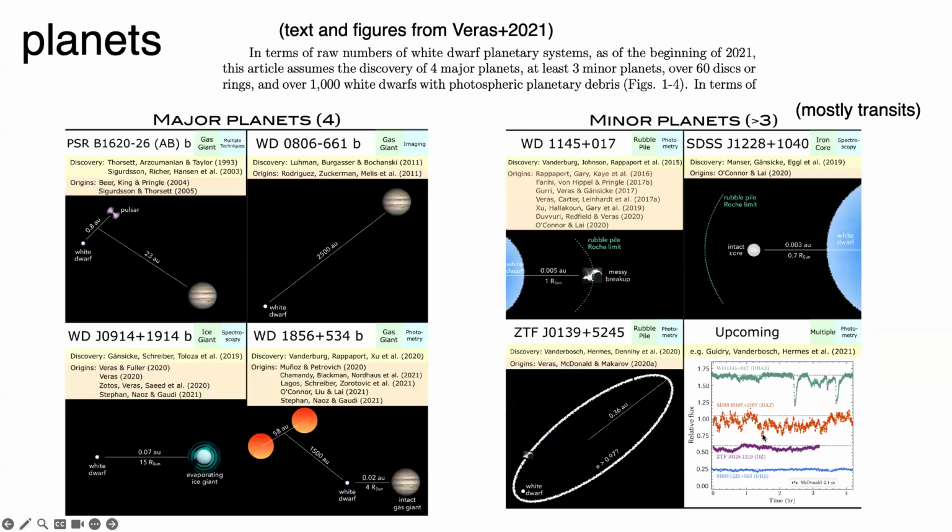They also have planets. I won't talk so much about it because I don't know so much about it, but there are basically of order a few planets known, 4 major ones. There's a neutron star over there. And then all of this other stuff, like this transiting asteroid thing.